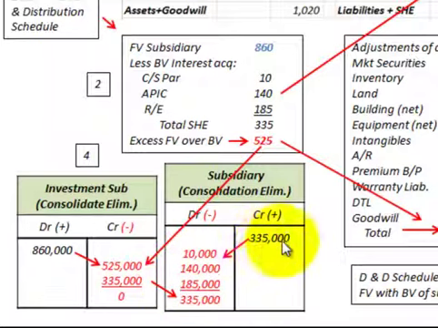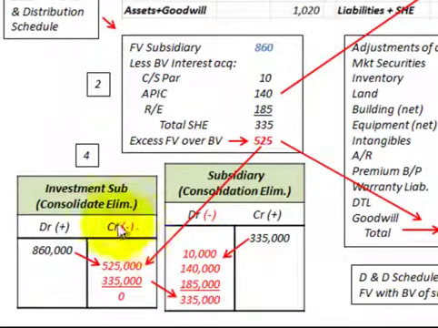So the subsidiary account had a book value of $335,000 for the stock and the retained earnings account for total shareholders' equity of $335,000, and then that would be reduced by $335,000, or closed out, because it no longer exists since Corporation A has acquired Corporation B.